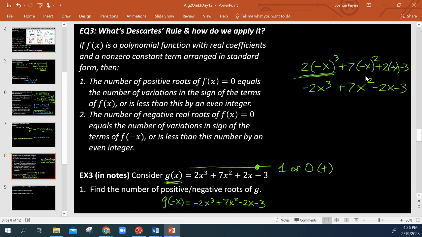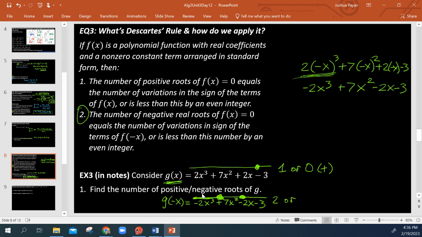Okay, and we're looking at the sign changes of this, right? So we're looking at the second note. The number of negative roots is going to come from when we look at the sign changes relative to g of negative x. So we start negative, oh, then we're positive. So we have one sign change. Then we have another sign change, and that's it.